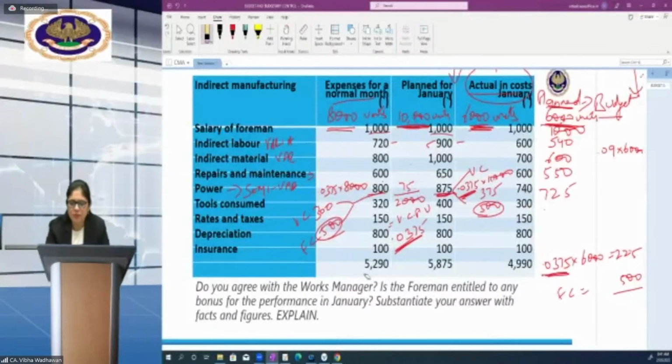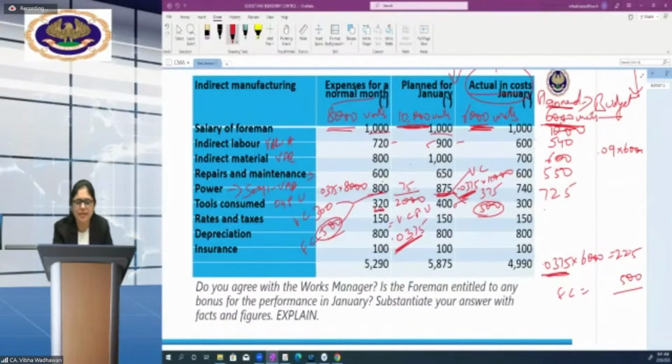So now, tools consumed, I think, should be variable. Just check whether they are variable or fixed. Tools consumed 320 divided by 8,000 is 0.04 per unit. Just see if this is variable or semi-variable. 0.04 into 8,000 is 320. 0.04 into 10,000 is 400.